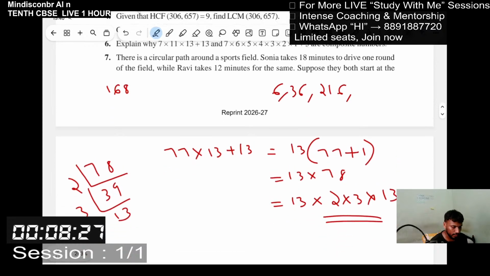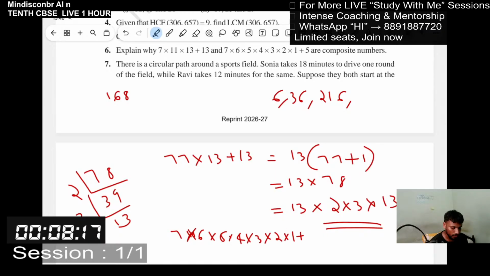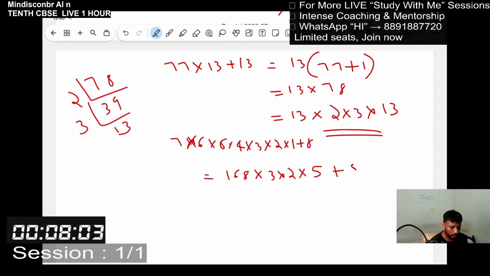Here we can write it as 7 into 6 into 5 into 4 into 3 into 2 into 1 plus 5 equal to 168 into 3 into 2 into 5 plus 5.